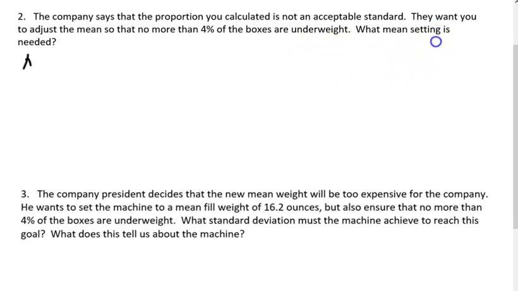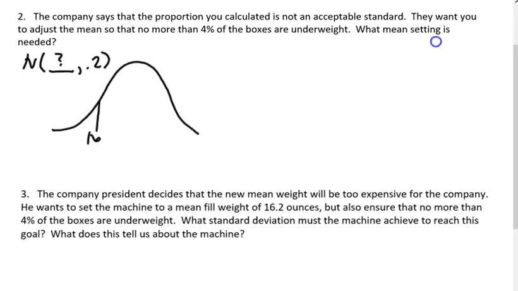In other words, I want to find the mean that goes with this standard deviation so that when I draw my model, if this is 16 ounces, this is only 4%. So I want to know what the mean should be in order to make that happen. So x is equal to 16.